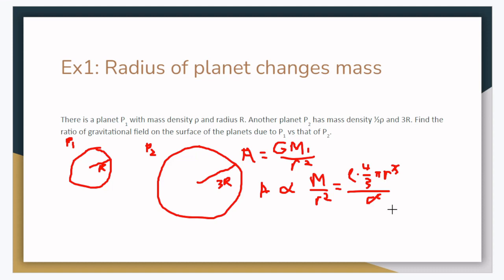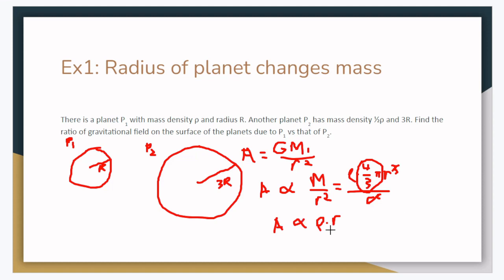Well, what if we don't want to account for this constant right here? Because it's not going to change anything. So then we can say A is proportional to rho times r. We can just get rid of this constant when we're accounting for proportionalities.